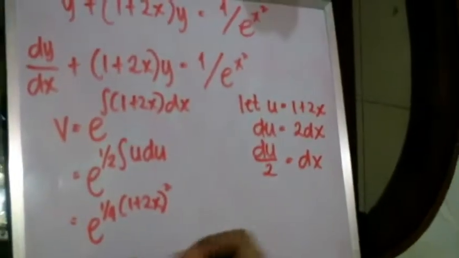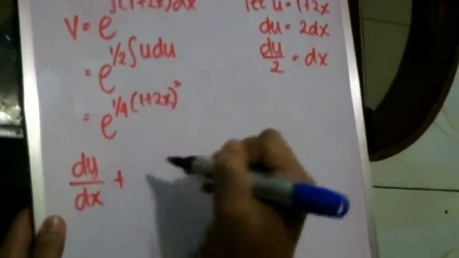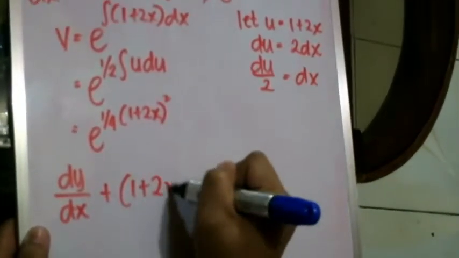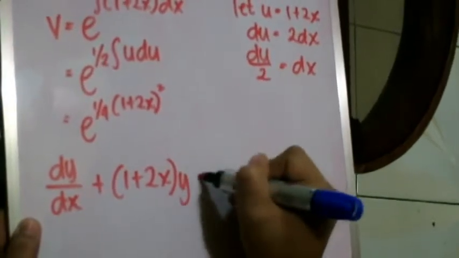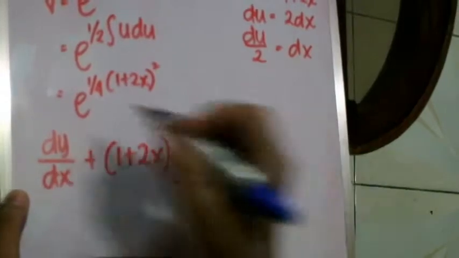Multiplying this to the previous equation, we have dy over dx plus the quantity 1 plus 2x times y equals 1 over e raised to x squared.